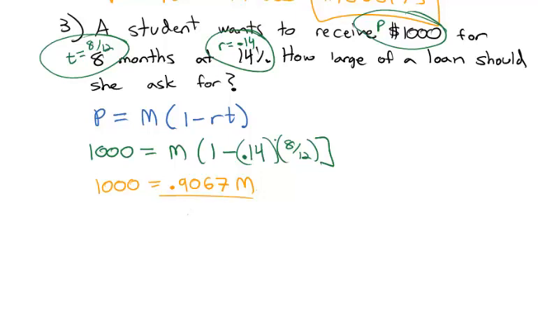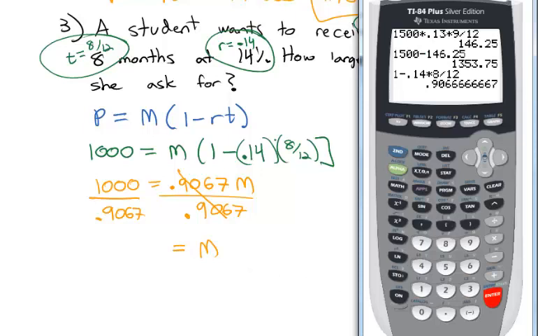And I'm going to show you a neat little trick on your calculator to keep this as accurate as possible. We're going to divide by 0.9067 on both sides to get our M. Now, on the calculator, this is kind of neat. I can type in the 1,000 and divide, and then I want to divide by the number that is just above, that 0.9066666667.